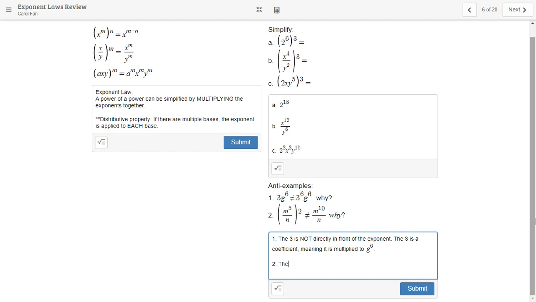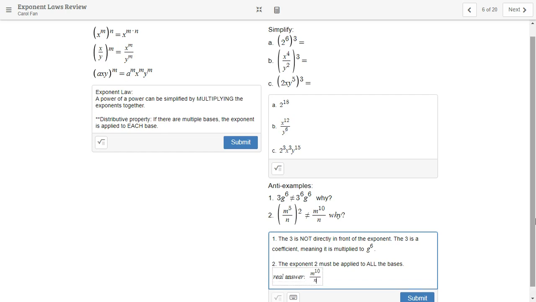So the 2 must be applied to all bases. So the real answer is going to be m to the power of 10 all divided by n to the power of 2.